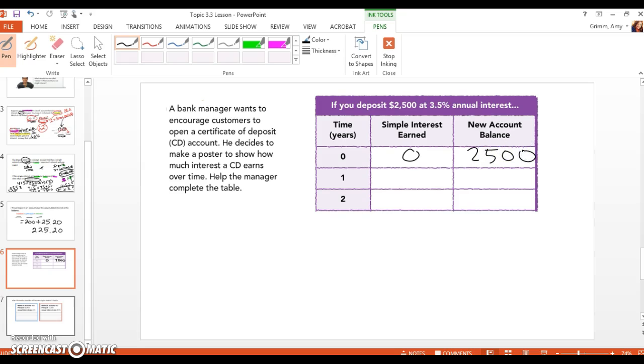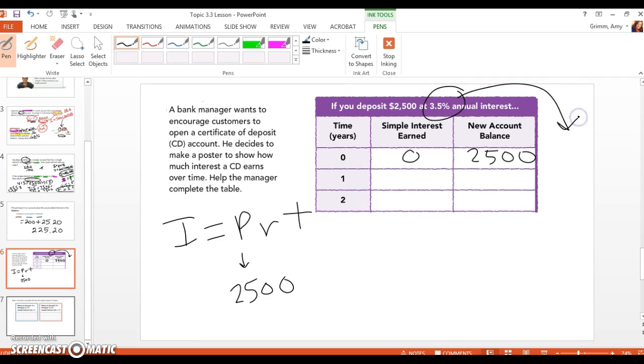So there's that. All right, if I want to do time 1 or 1 year, then I'm going to go back to my interest formula, I equals PRT, and I'm going to plug in my principal, which was $2,500. I'm going to put in my rate, but remember when I put in my rate, I have to change that, so I can't put in 3.5. I'm going to move the decimal point back 2 times.